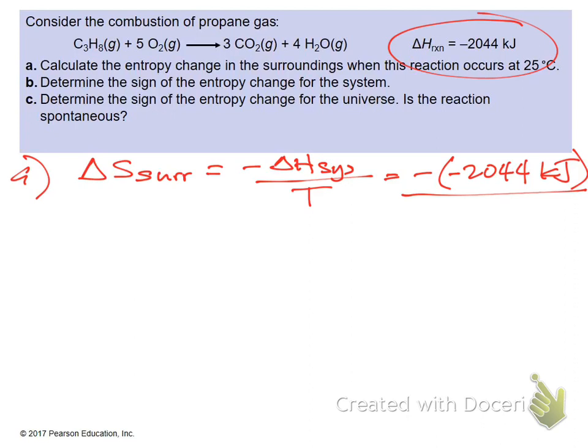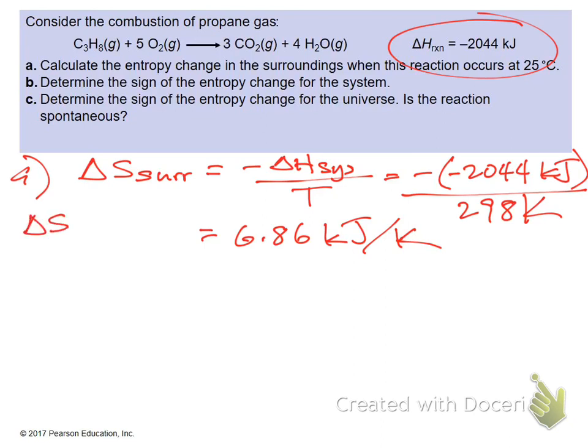Convert that into kelvins, and we have 298 kelvins. So here we get 6.86 kilojoules per Kelvin. That means delta S of the surroundings is positive.